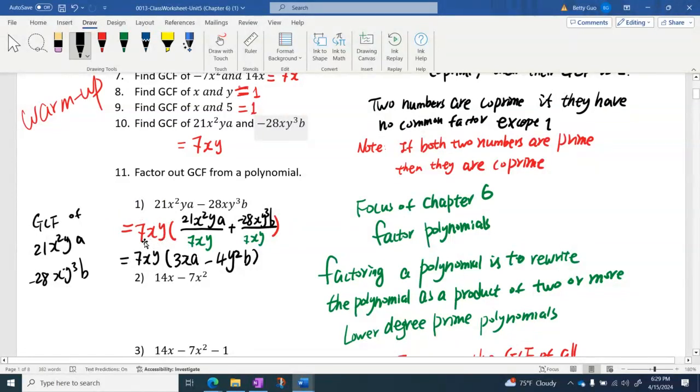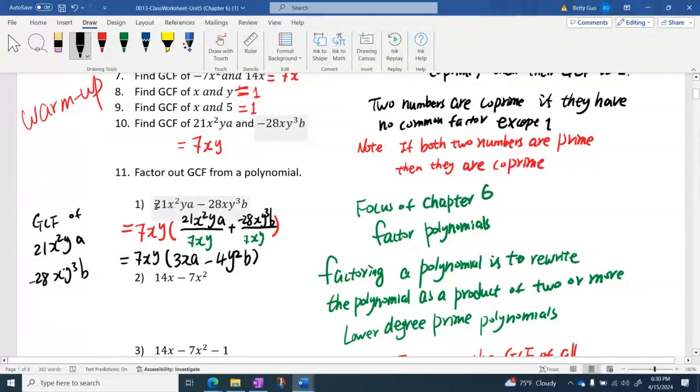Once we identify the GCF, we copy the GCF and follow by a parenthesis, or multiplying by a parenthesis. And how do we figure out the content in the parentheses? Everybody can do that. If you follow the steps, all we need to do is to use the original term 1 over the GCF plus original term 2 over the GCF. And then you simplify the two quotients, and we are done.